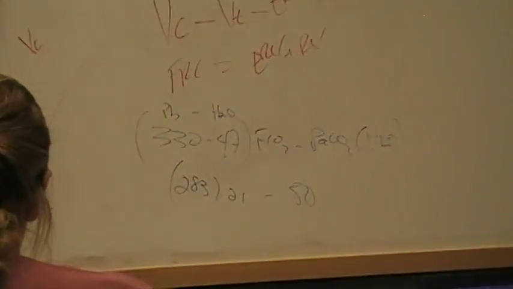So barometric pressure minus water vapor pressure times the FiO2 minus the PaCO2 times 1.25. 330 minus 47 is 283, times 0.21 minus 50. What's 283 times 0.21? Sorry, what is it? Anybody got that? 283 times 0.21.